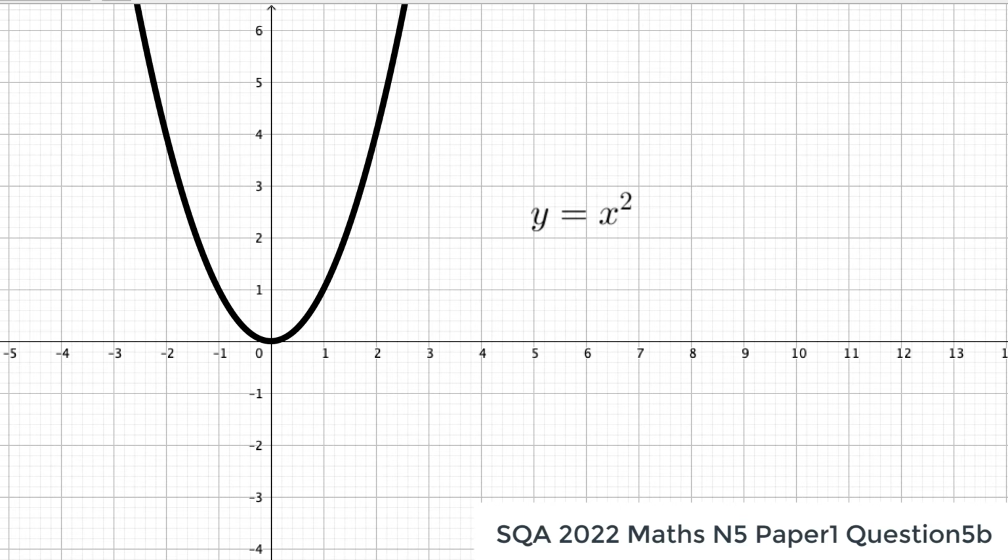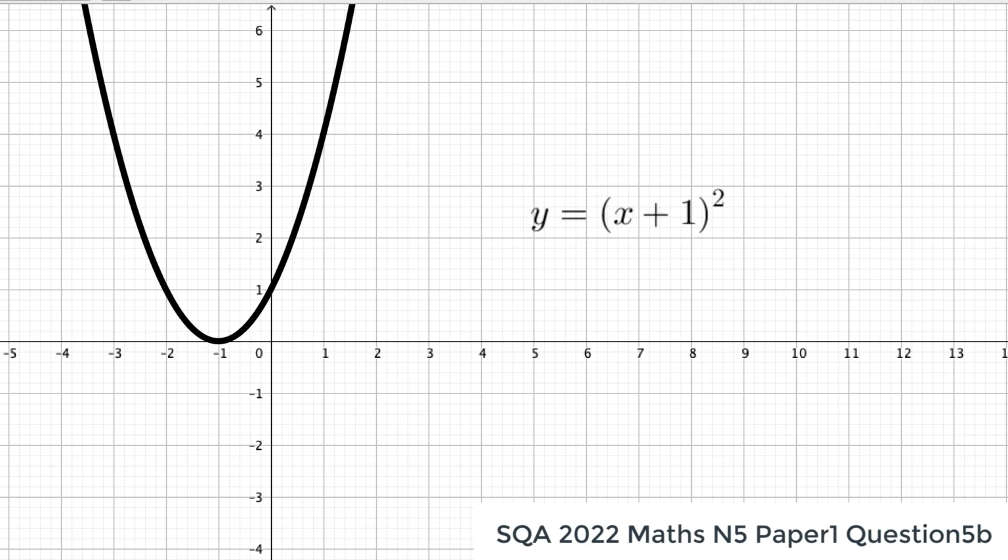You can imagine what happens if we add numbers. In this case, when we put x equals negative 1 in here, negative 1 plus 1 is 0, so we're back to 0 squared. It has its minimum value when x is negative 1. So if we're adding numbers to x, the original x squared graph has been shifted to the left.